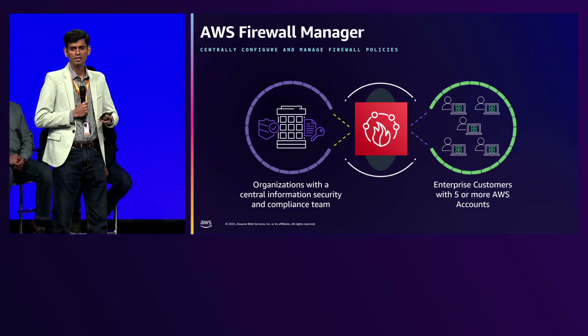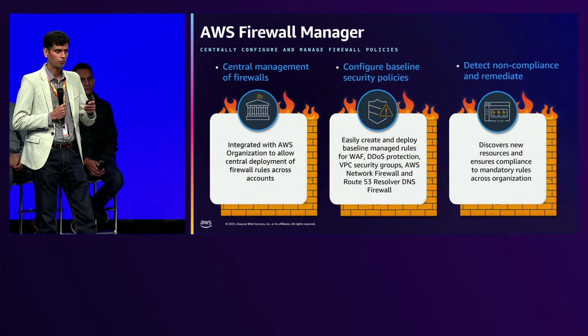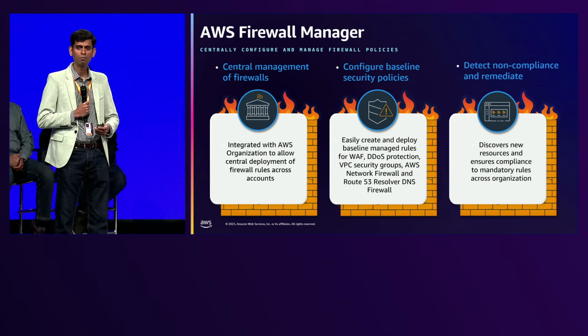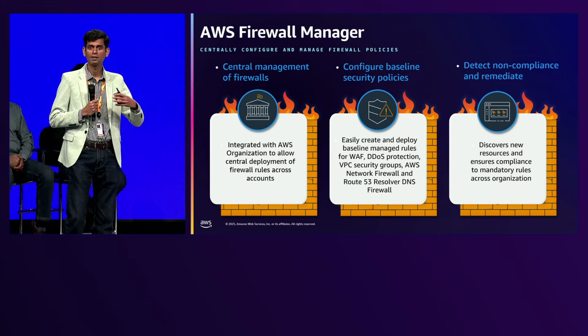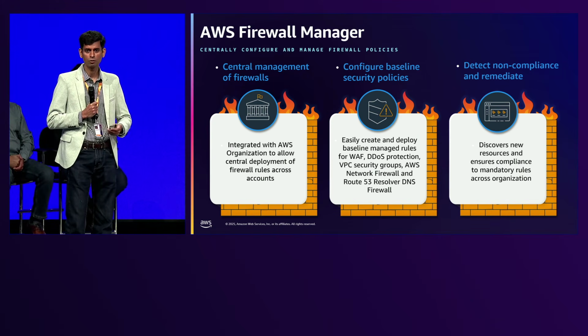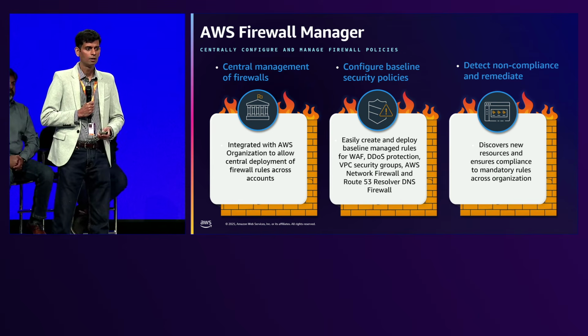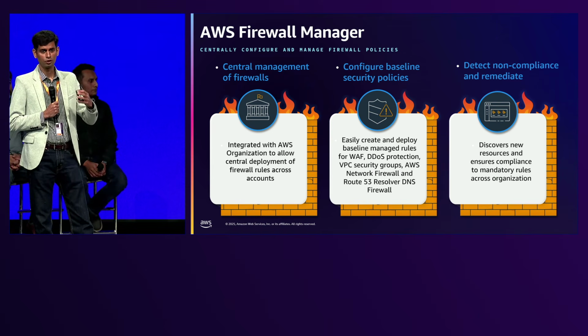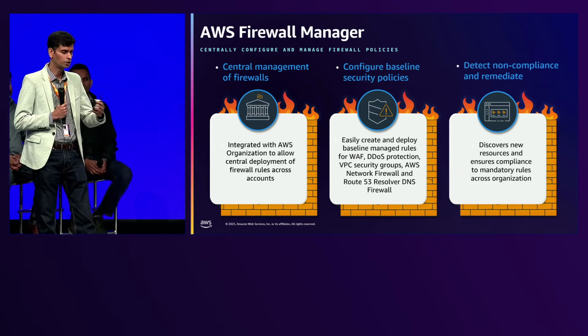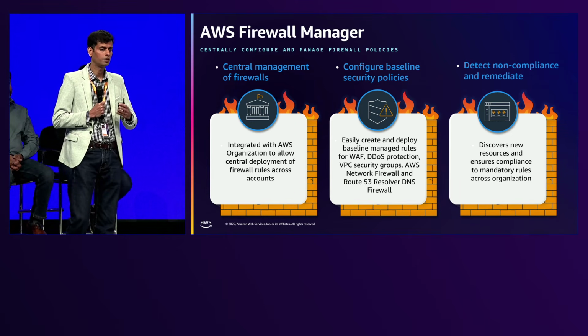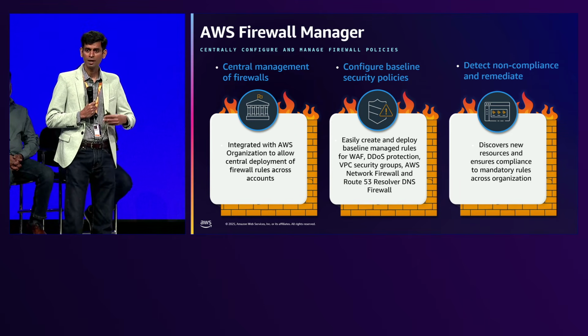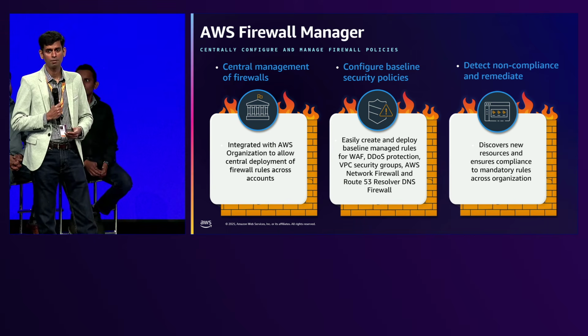There are three key things to keep in mind. First of all, Firewall Manager integrates with AWS Organizations, so it allows you to centrally create and deploy these firewall rules across your accounts. You can configure a baseline of security policies, so essentially rules for your WAF, DDoS protection, security groups, or network or DNS firewall rules, and apply them across all your accounts in a consistent manner.